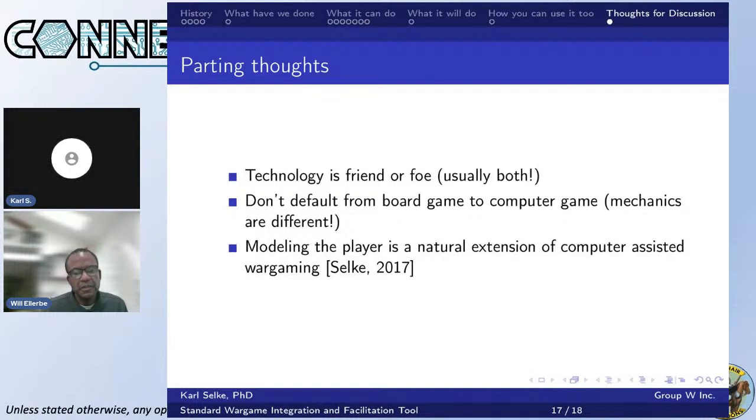So modeling the player is a natural outcome of computer-assisted wargaming, where you get the requisite detail in execution to look back and say, okay, this was the situation they were facing, this is what they chose to do, and this is what they said about it, maybe in after actions or player notebooks.